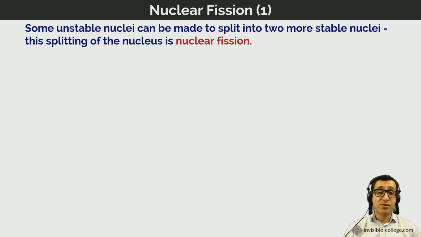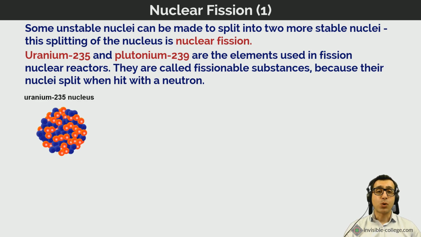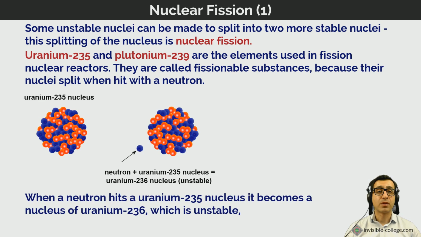So, uranium-235 and plutonium-239 are the elements typically used in fission nuclear reactors. They're called fissionable substances because their nuclei will readily split, not in half, but into 2 smaller nuclei when hit with a neutron. So, when a neutron hits and is absorbed by a uranium-235 nucleus, it becomes an even more unstable uranium-236 nucleus.